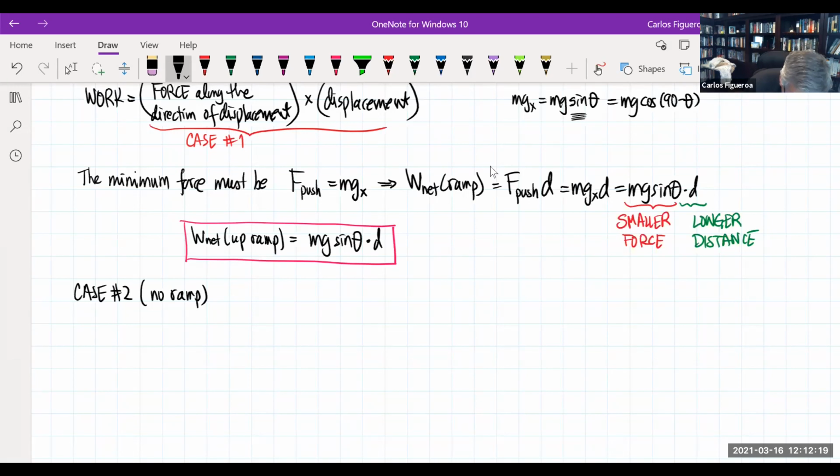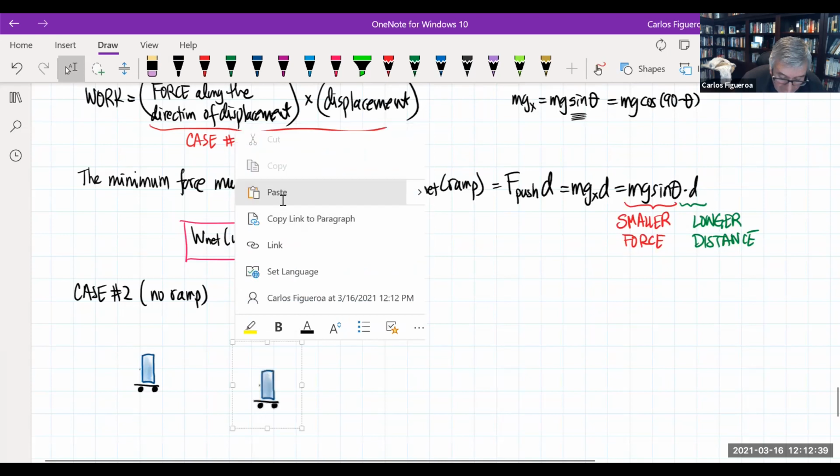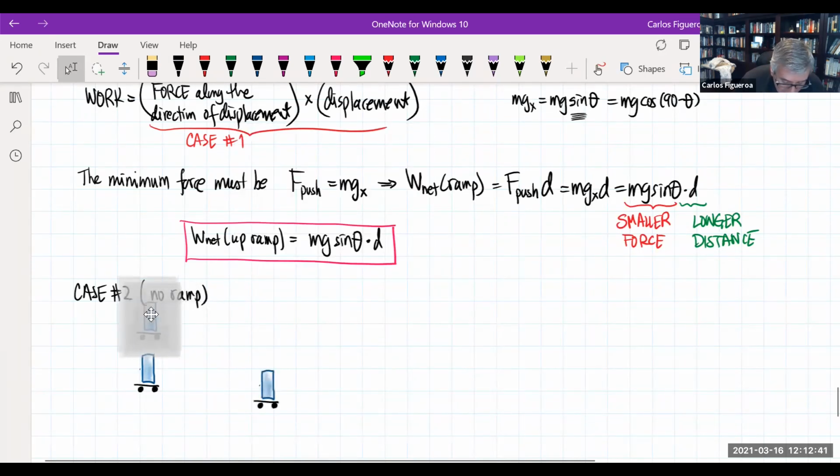You are taking the refrigerator and you're going to lift this sucker up. How high? You're going to start here and lift it this high. It's got to be the height of the incline.